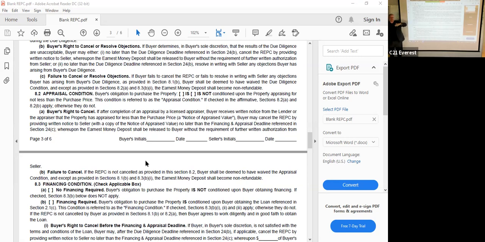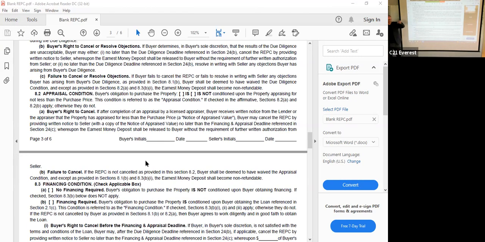The buyer's notice of cancellation that we talked about gives you boxes to check. Box number 1 says you're canceling before the due diligence. Box number 2 says you're canceling after due diligence, but before finance and appraisal. And box number 3 is basically after those deadlines.